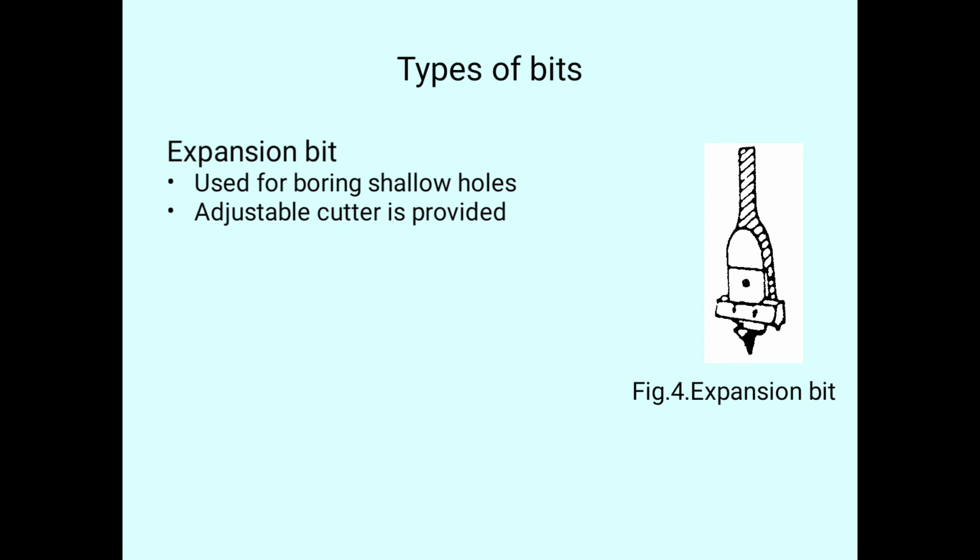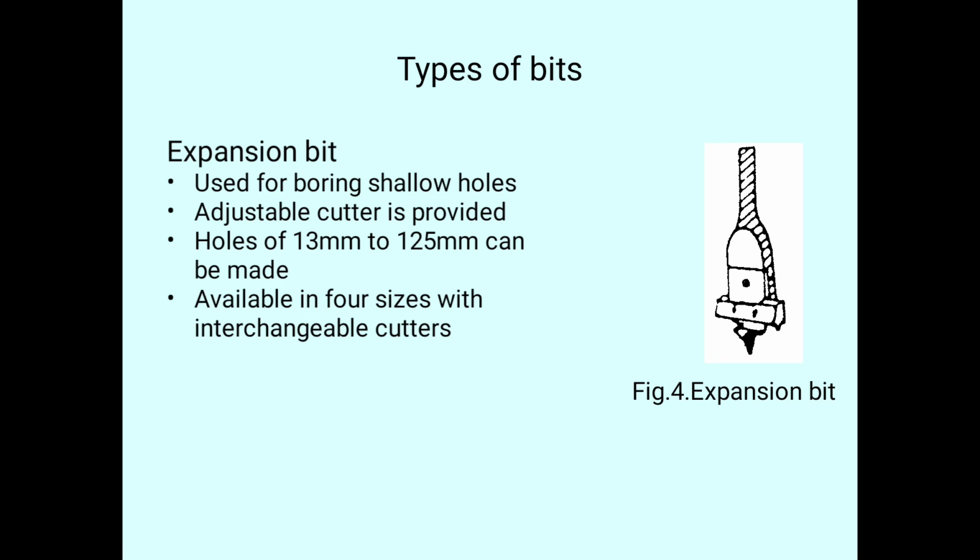An adjustable cutter is provided for this type of bit, so holes can be made from 13 mm to 125 mm. That is the whole range. Expansion bits are available in 4 sizes with interchangeable cutters.